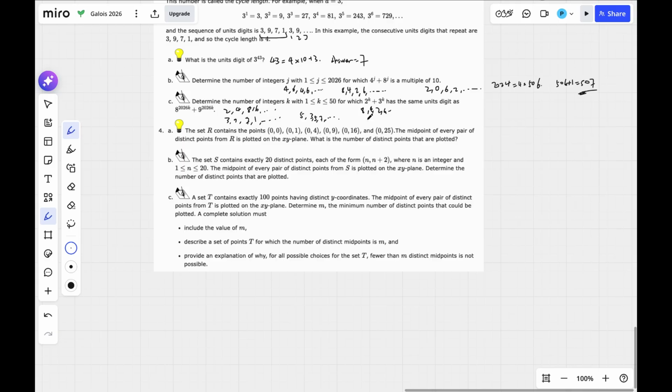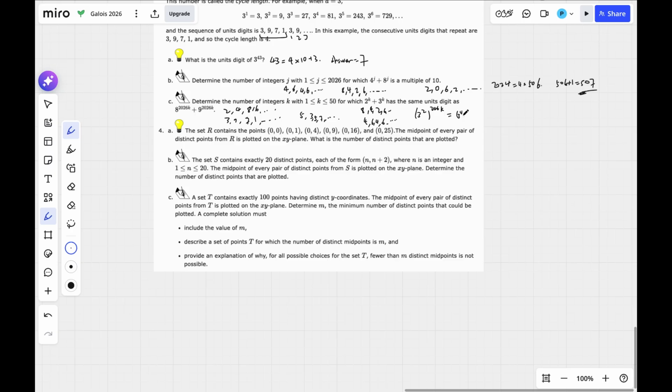So since the pattern for 8 is 8, 4, 2, 6, when we have 8 to the power of 2026k, then the pattern becomes 4, 6, 4, 6. Since it essentially skips the odd numbers.